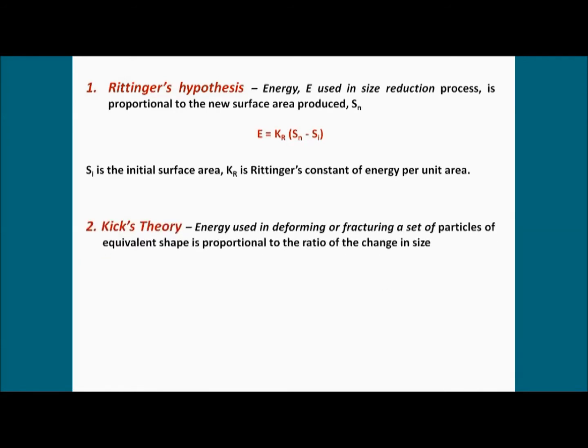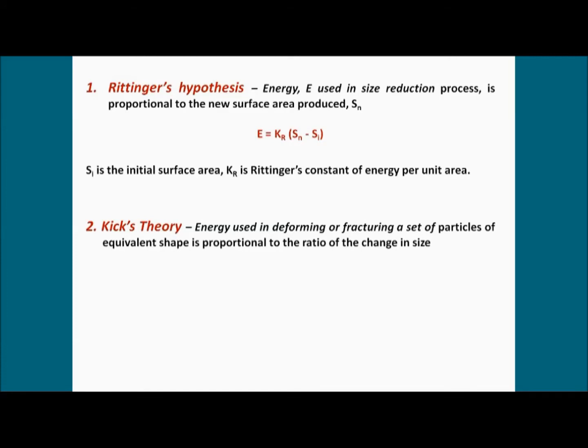According to Kick's theory, the energy used in deforming, or you can say size reducing or fracturing, a set of particles of equivalent shape. Suppose we have taken marble balls of equivalent sizes, right?